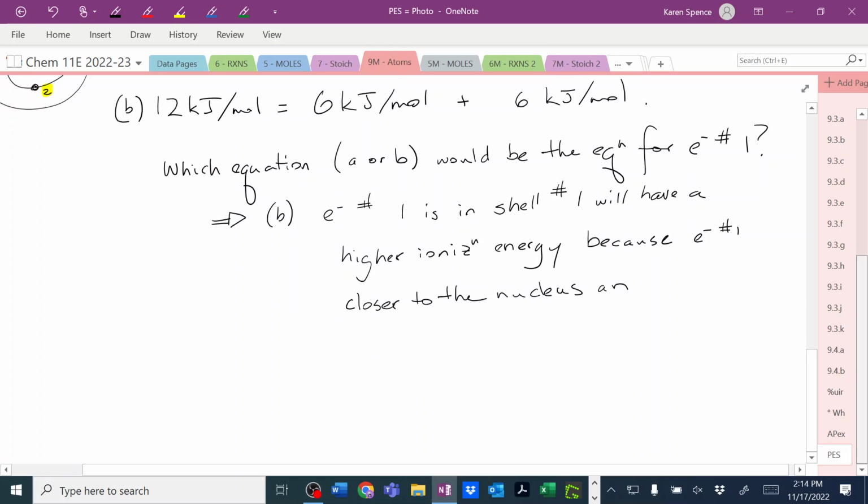And I'm going to call it Coulombic attraction because AP is in love with that term. Yes. You could call it electrostatic force or Coulombic attractive force.